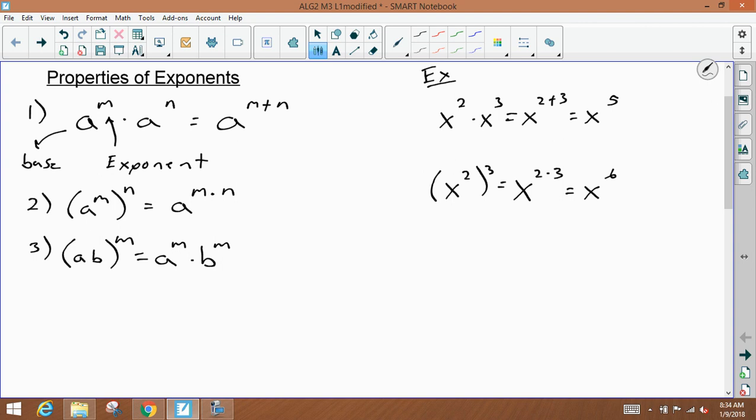For example, if I have 3x to the third power, I need to raise both the 3 and the x to the third power, which means this is going to be 3 to the third power times x to the third power, or x cubed. And 3 cubed is 27. And again, that's something that you've already used, so we're just going to refresh that for your memories.